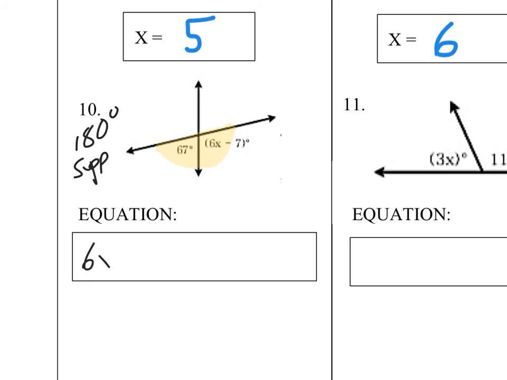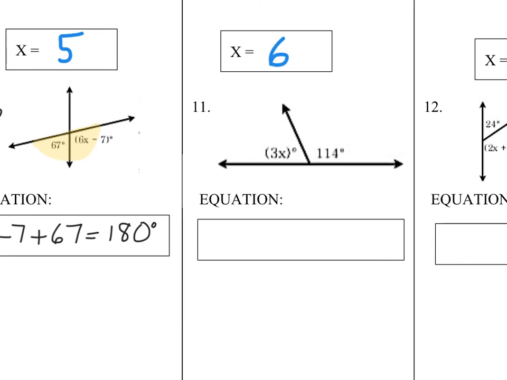So 6x minus 7 plus 67 is going to equal 180. Okay, and then this one, I'm going to go to this problem here. Again, we have a supplementary angle, and they equal 180.